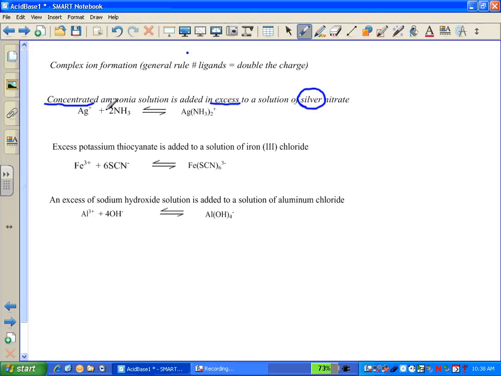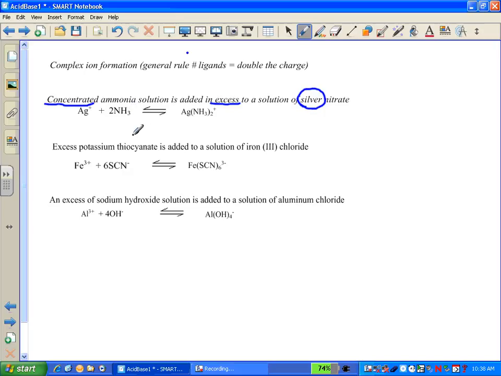So in this case, 2 ammonia molecules will adhere to the silver ion. So what we're left with is a complex ion composed of silver and 2 ammonia molecules. Remember, the transition metal is in the center and the ligands are loosely attached. The overall charge of this is still positive because the ammonia has no charge.